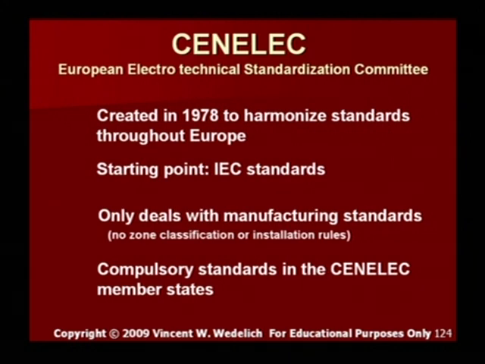You must have an ATEX rating if it's for a hazardous panel. And then again, you can self-certify CE for general purpose. You can self-certify Zone 2 panels, but you must have a notified, approved third-party body from CENELEC that can certify Zone 1 panels. And those would have to be someone like TUV or BASEEFA.